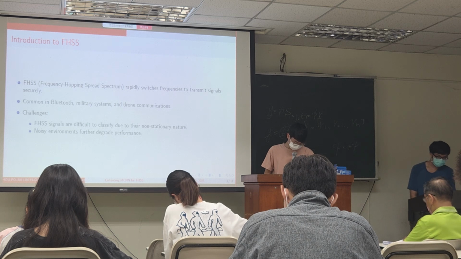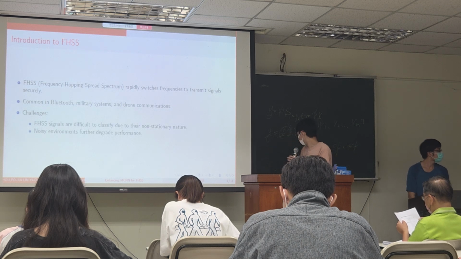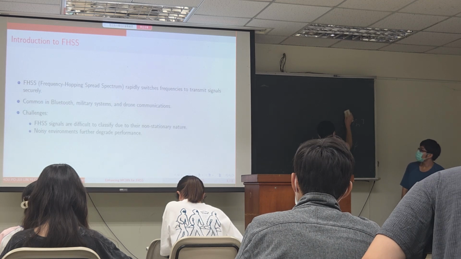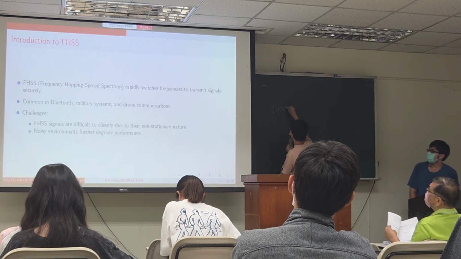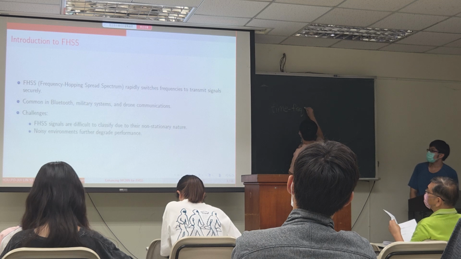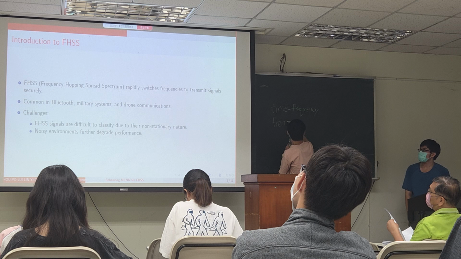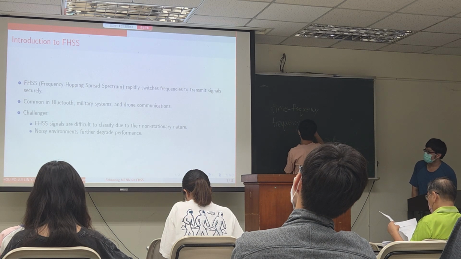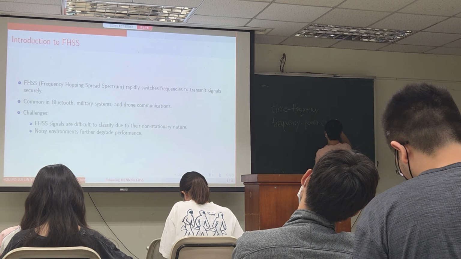Before the FHSS introduction, I'm going to briefly talk about the FHSS and the MCNN. First, there are 3 types of FHSS. The first one is time and frequency. The second one is frequency power, which also means the signal strength.